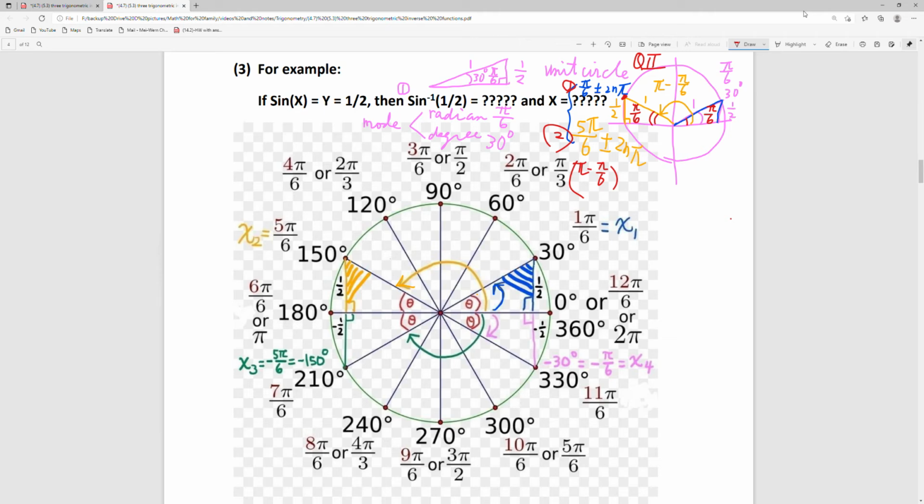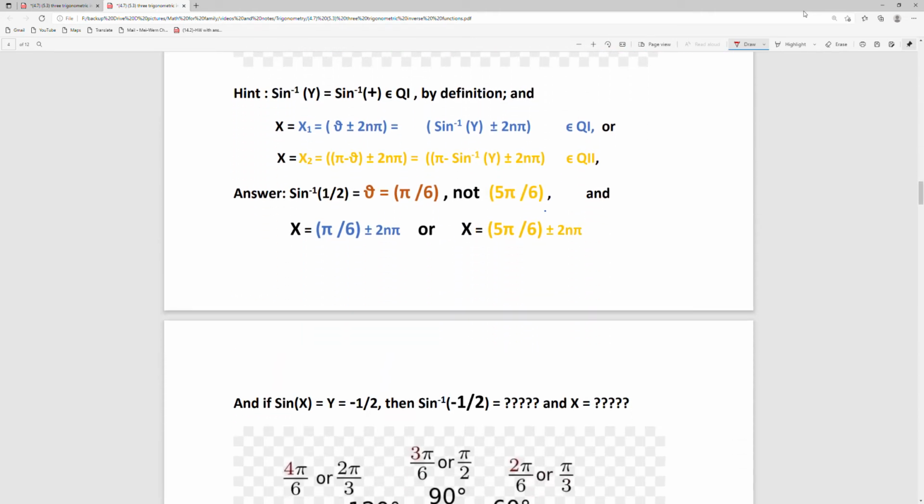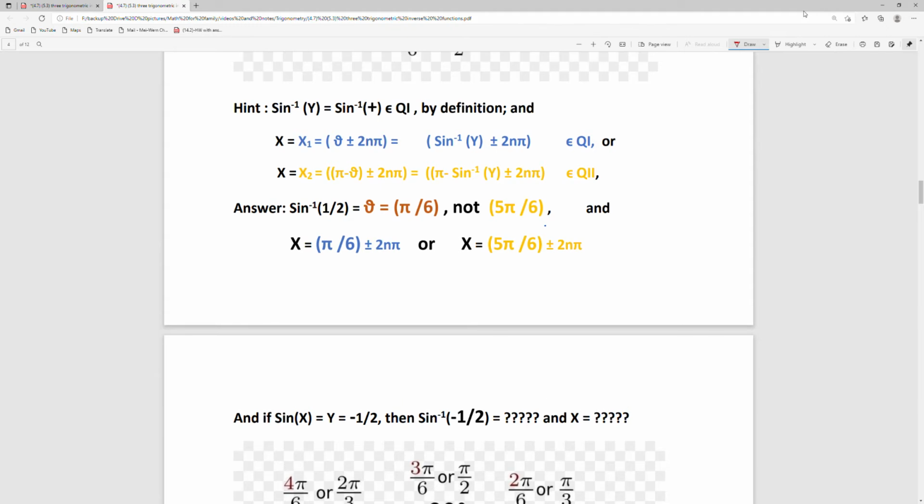If you need the formula, I have the formula here for you. So the reference angle is pi/6, and this is arcsine, pi/6. And the other group will be pi minus pi/6, or pi minus arcsine. That's the formula.